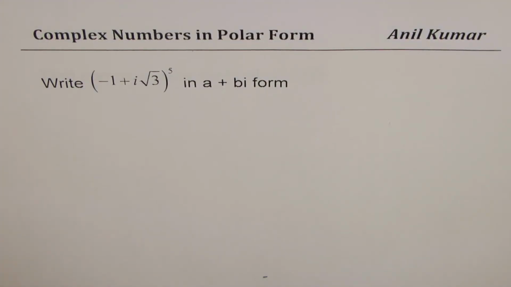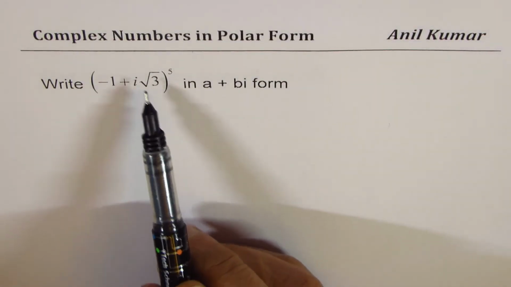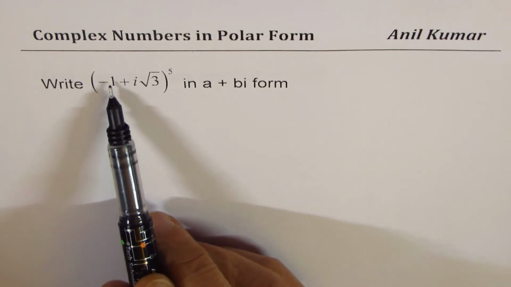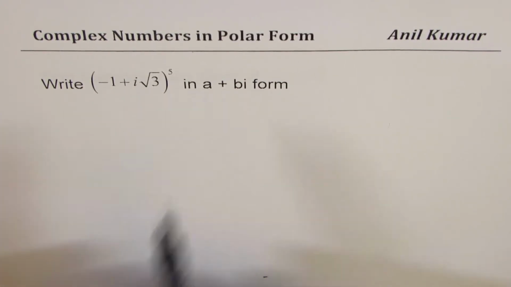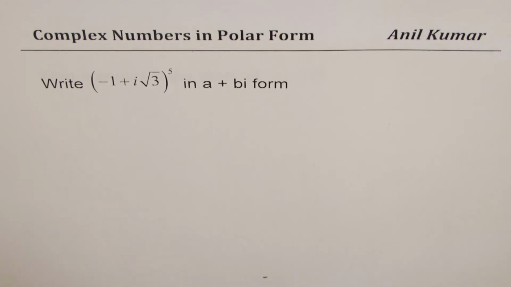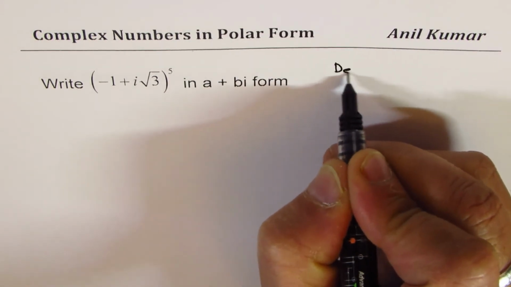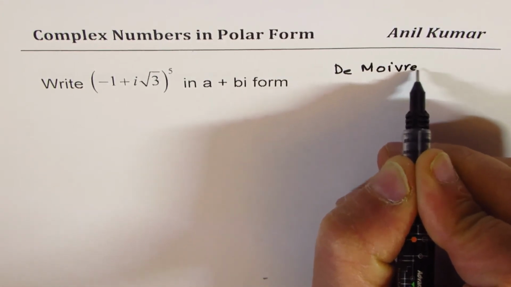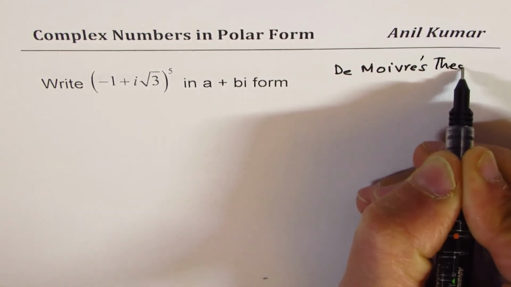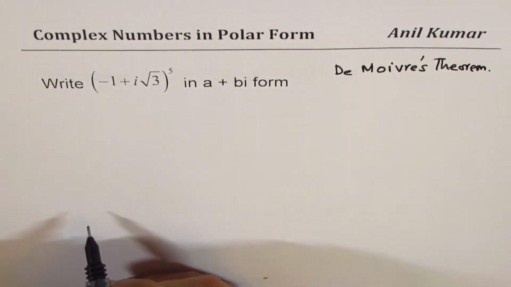Now let us try to find the fifth power of the complex number minus 1 plus i square root 3 in the form a plus bi. Whenever we are talking about complex number powers, it should remind you of De Moivre's theorem, so we'll apply it.